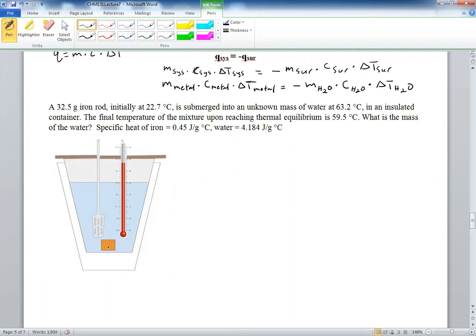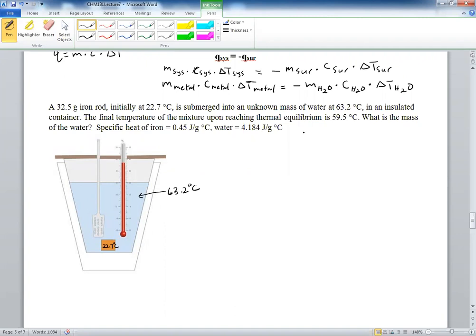If the metal is at 22 degrees Celsius and water is at 63.2 degrees Celsius, you know that the water is at a higher temperature, so it will be losing.